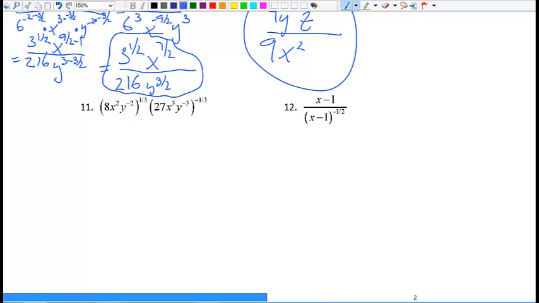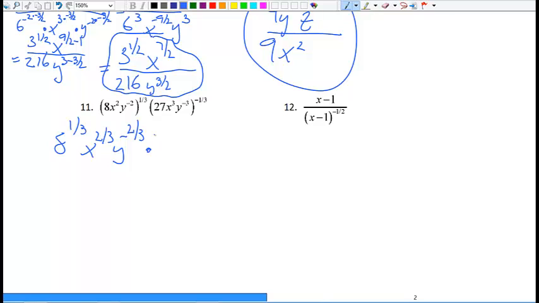Okay. Number 11, let's distribute out the exponent first. Let's try that rule and see if we can simplify this down a little bit. So I got 8 to the 1/3 power, x to the 2/3 power, and y to the negative 2/3 power.